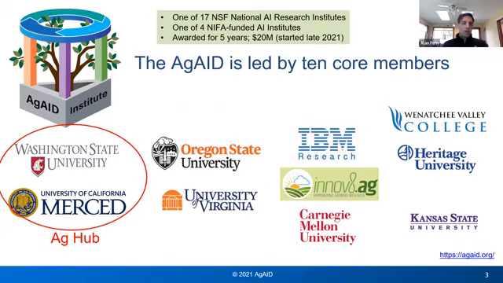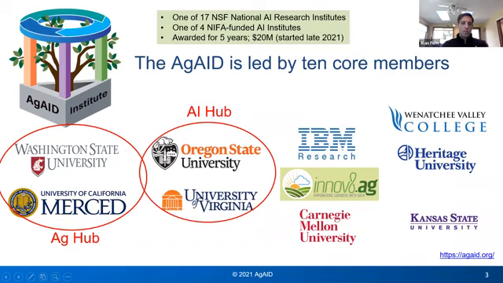The ag hubs are Washington State University and the University of California, Merced. These are schools that are pretty well established in digital ag already, and were really great to join this institute, and it's led by Washington State University. They have a lot of great work up there in ag.